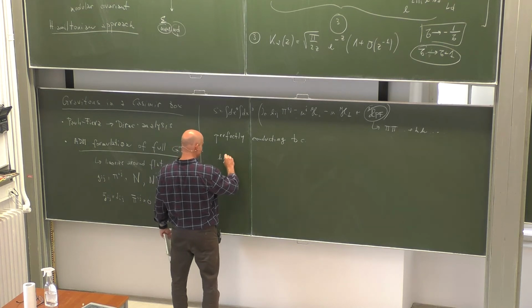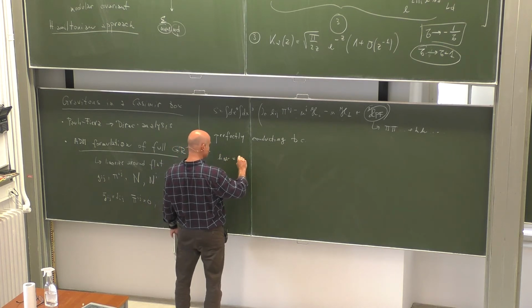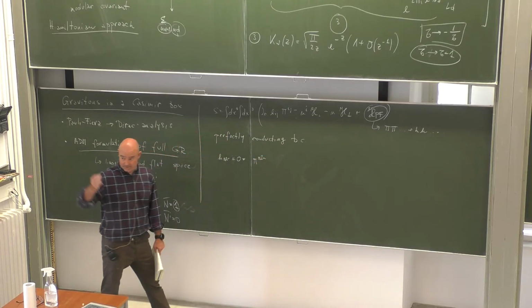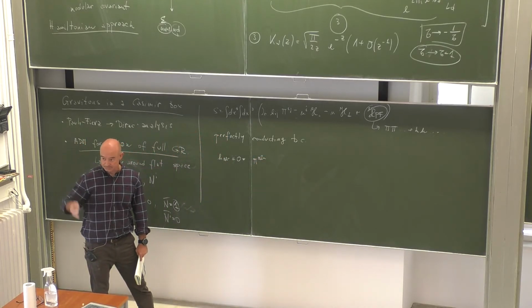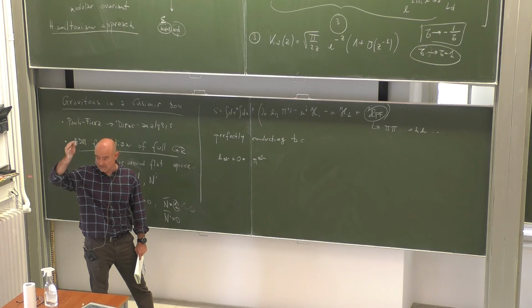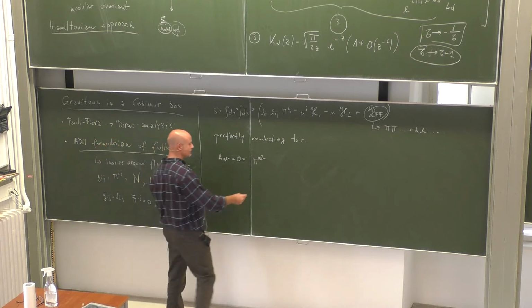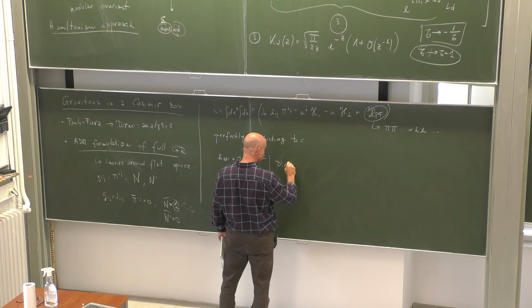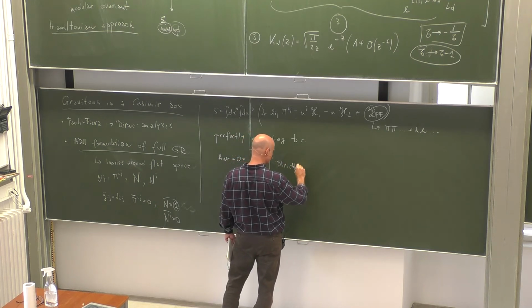So you take HAB and pi AB, where A and B, let me remind you, are the directions along the plates, X and Y. And so these have to be 0 on the plate, so they are Dirichlet. They are sines, if you want.